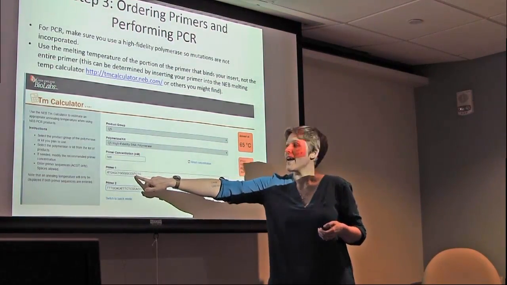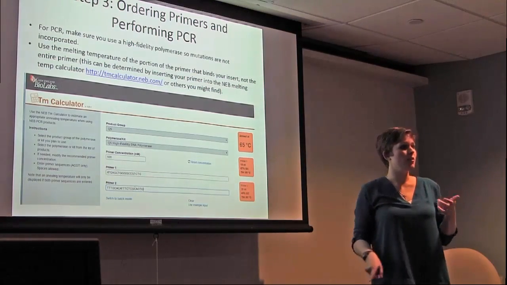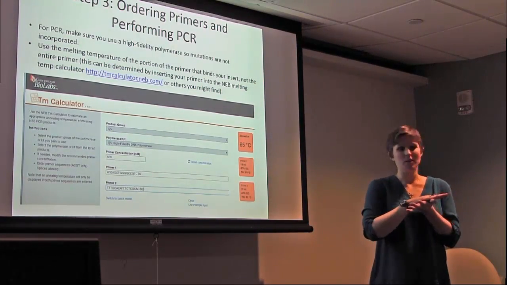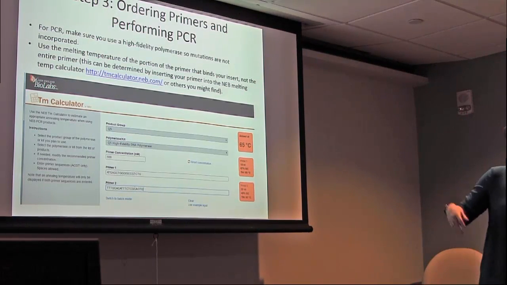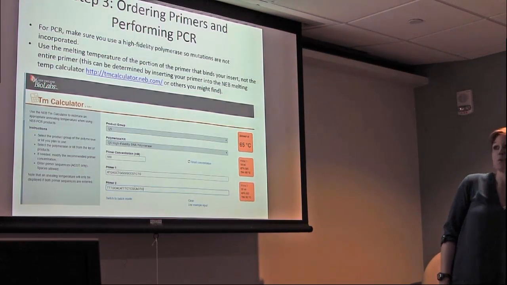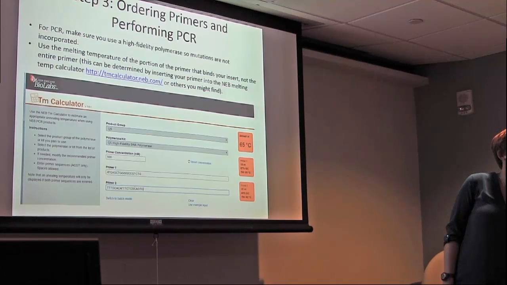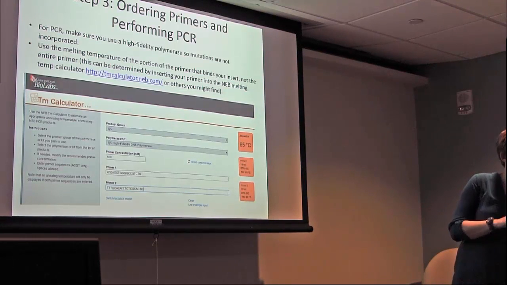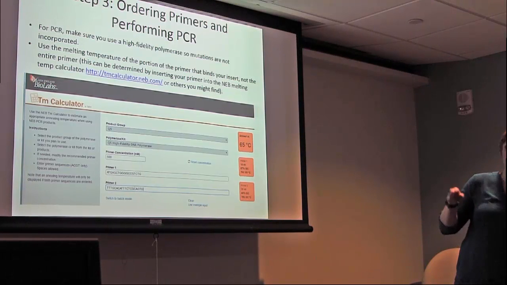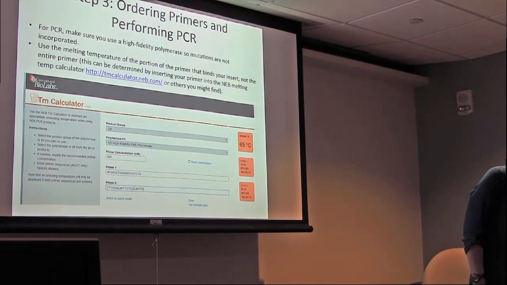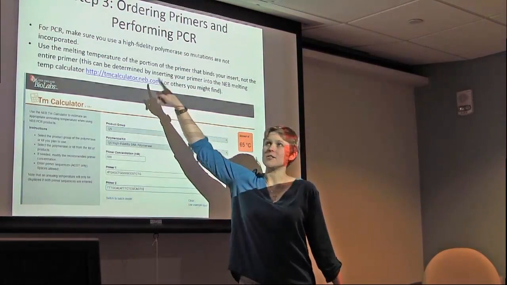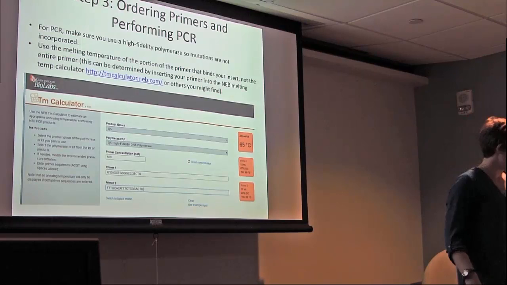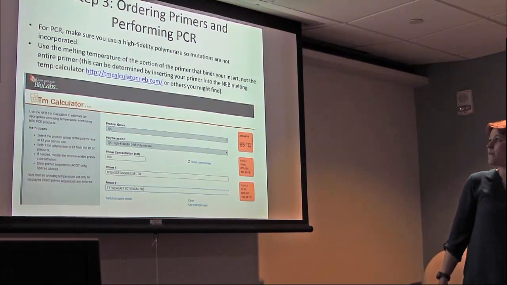So what you would use is just those 18 to 21 nucleotides that bind to your gene of interest, and determine your melting temperature based on that. This stuff is really easy. When you buy the polymerase, it gives you all the reagents and the instructions for how to do it. The only thing you have to determine on your own is this melting temperature. I've got it on your sheet, but you can go to this melting temperature calculator to find out how to do that.